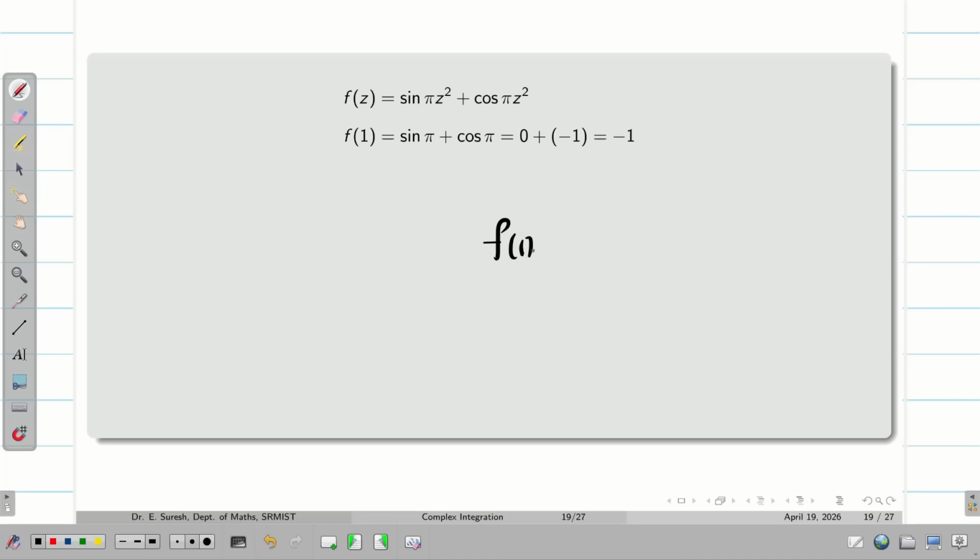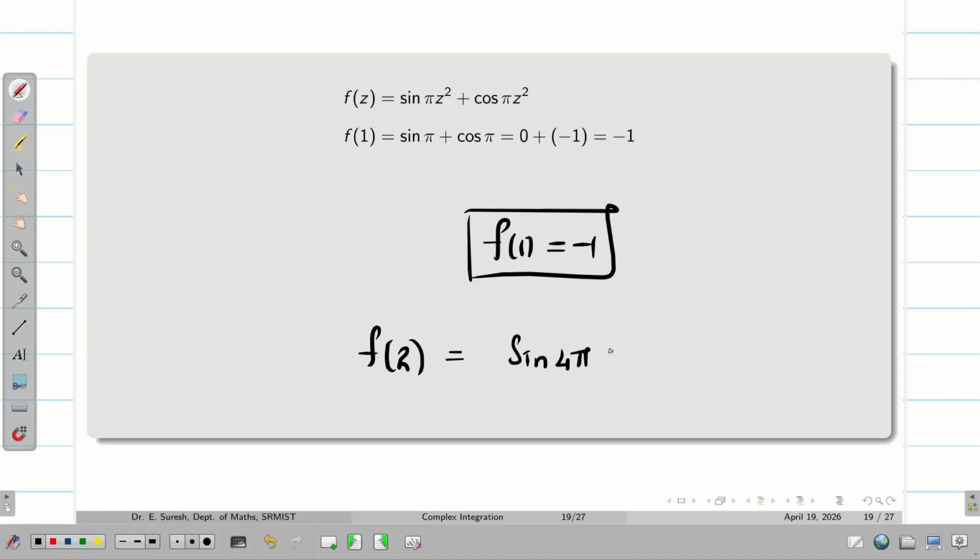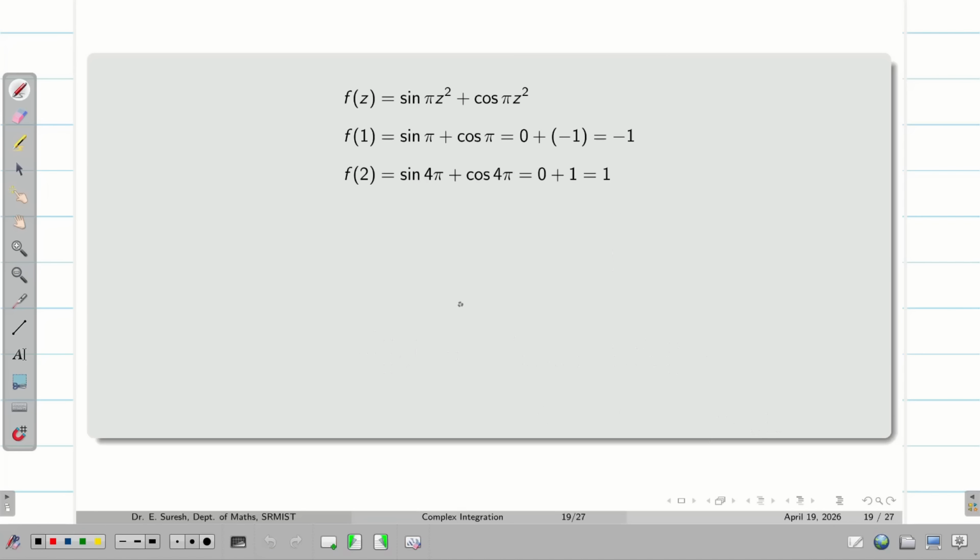Therefore, f of 1 is minus 1. Next, substitute z equal to 2. Then we get z square is 4, so sin 4 pi. Similarly, cos 4 pi. Sin 4 pi is 0. Cos of an even multiple of pi is always plus 1. So we get 1. Therefore, f of 2 is plus 1.